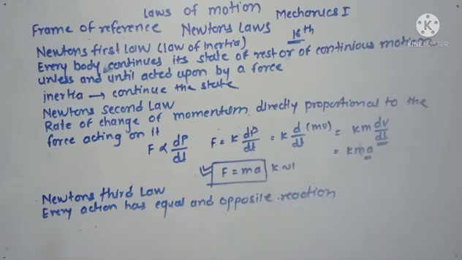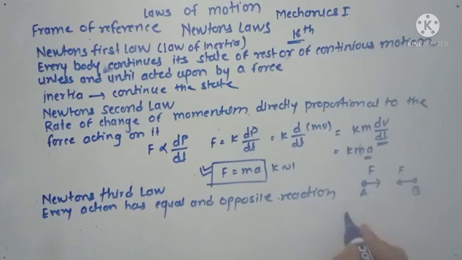What is the meaning of this? Suppose there is a particle A and a particle B. If this particle applies some force on the other, an equal and opposite force is applied by the other particle on the first particle.